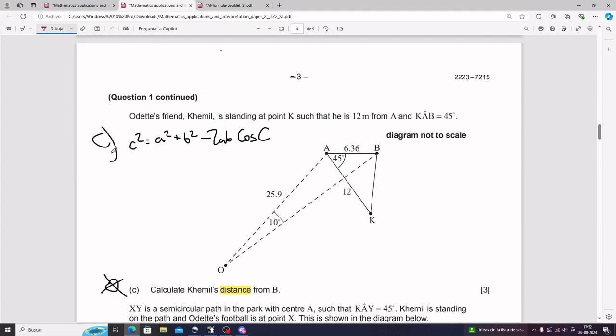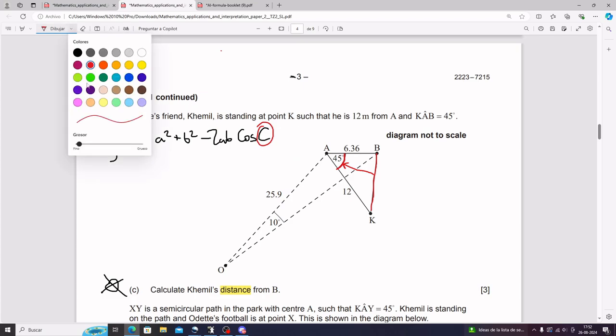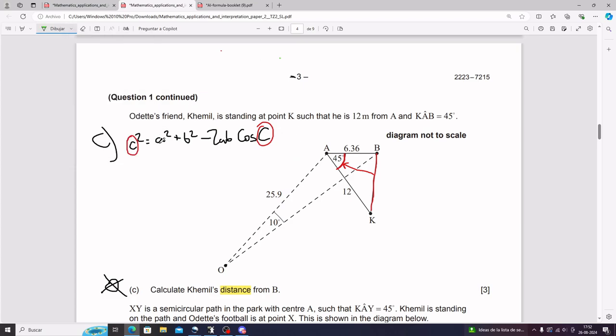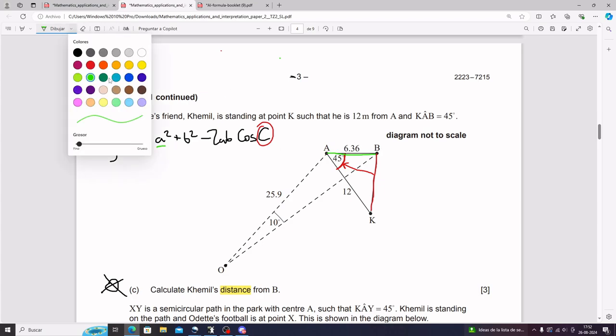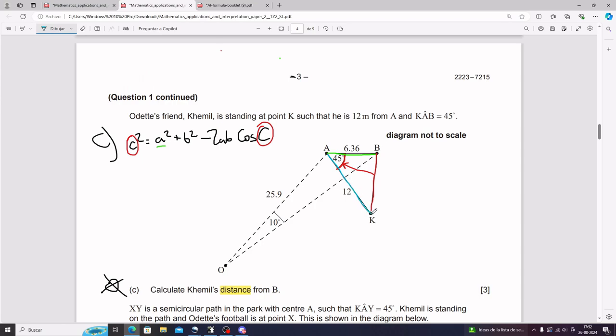So the big idea here is that this side here, C, which we're gonna call this side here in red, ¿cierto? Has associated to this angle right there that is also in red, right? So as long as you're consistent with that and have the other two sides, you're good to go. Which you do. We're gonna call A this light green side over there, and we're gonna call B this light blue side over here.